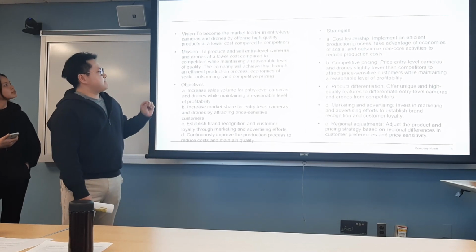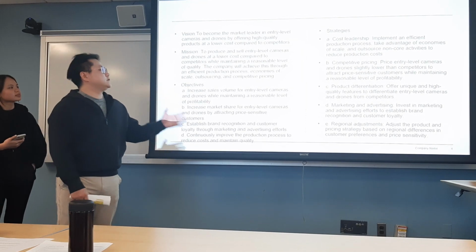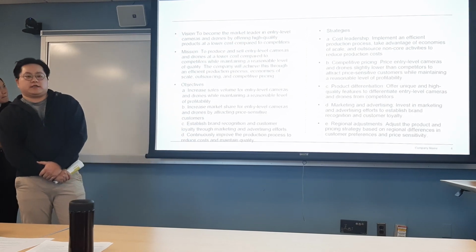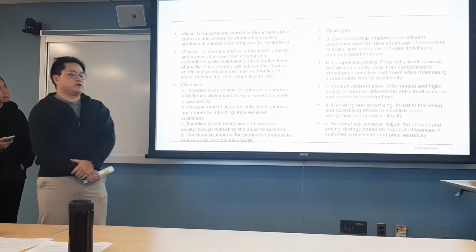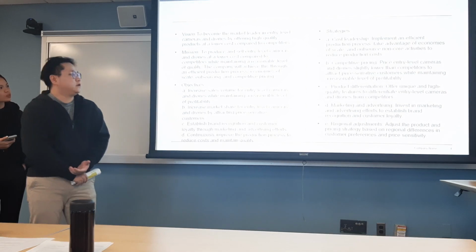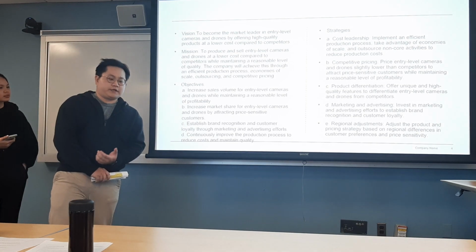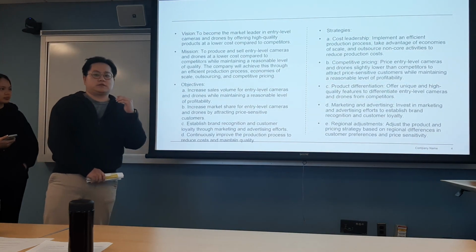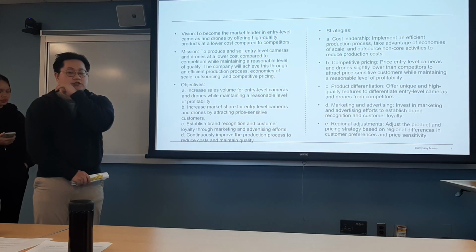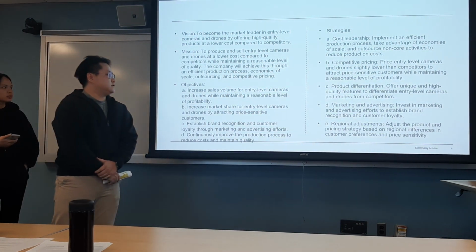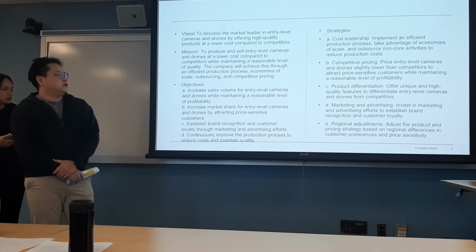On the other side, you can see some of the strategies we concluded. The first one is cost leadership, which I mentioned before. The second one is competitive pricing, so we will look at the comparative reports of each year and adjust our prices for our products. The third one is differentiation.